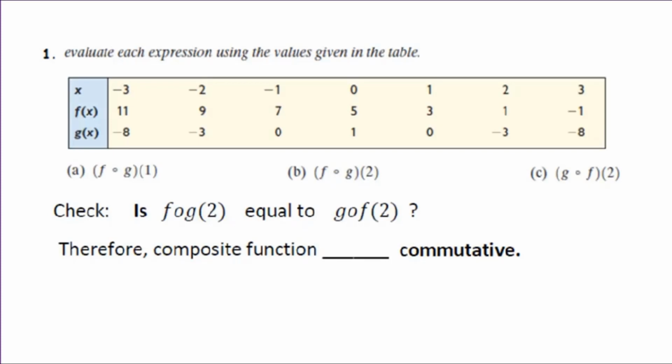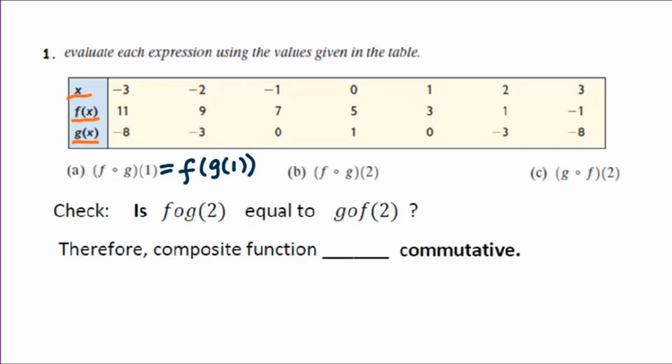Evaluate each expression using the values given in the table. For A, f of g of 1, we use the concept. The first row is x, the second row is f of x, the third row is g of x.